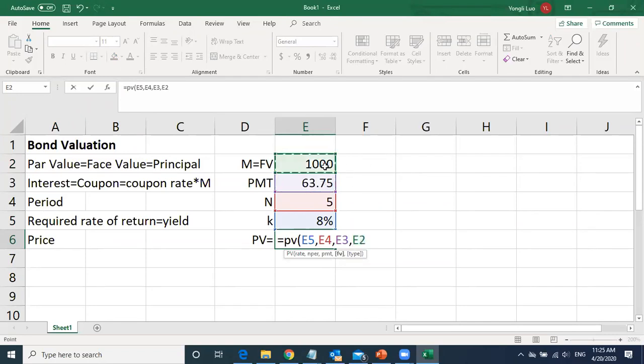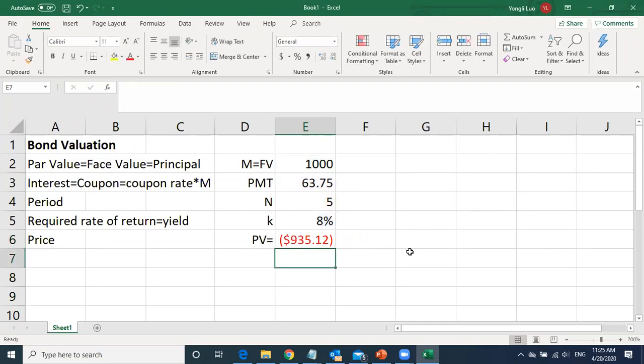And this is your future value. You don't have to choose type because the payment and the future value are made at the end of each time period. So you just close the parentheses. That's going to be the bond price. When you click enter, you see 935.